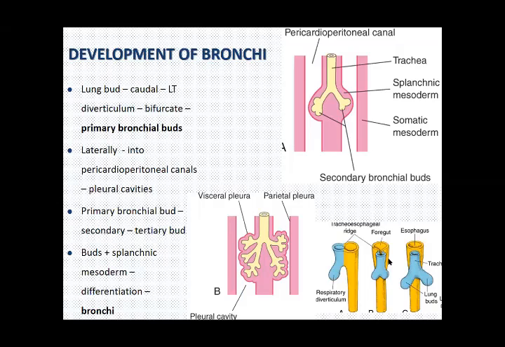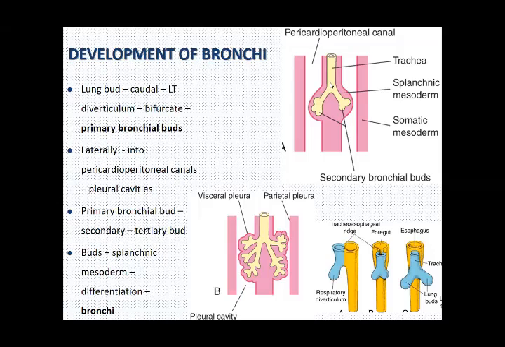So अब हम बात कर रहे थे bronchial buds की. They grow laterally, lateral to the foregut. If you remember correctly, lateral to the developing foregut, you had the pericardio-peritoneal canals, one on either side. These are the pericardio-peritoneal canals. On either side of the developing foregut.